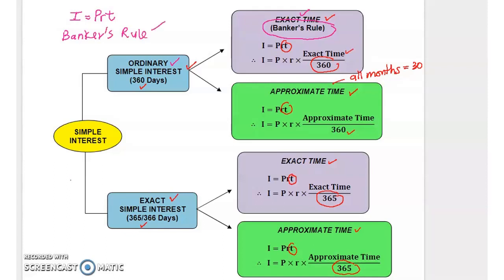So for banker's rule, you remember O and E. O is ordinary. E is exact time. So remember ordinary is divided by 360. So to easily remember: banker's rule, OE, O for ordinary simple interest, E for exact time.